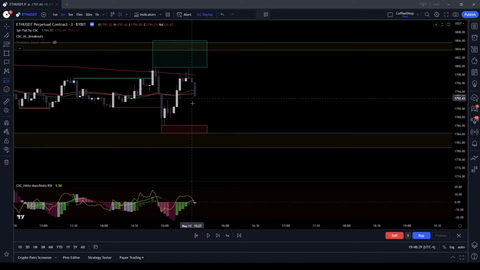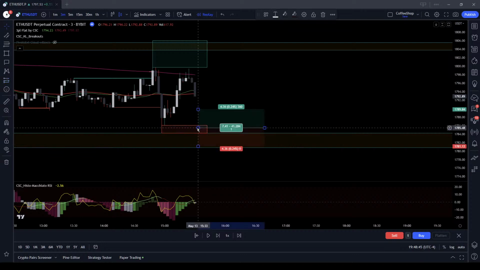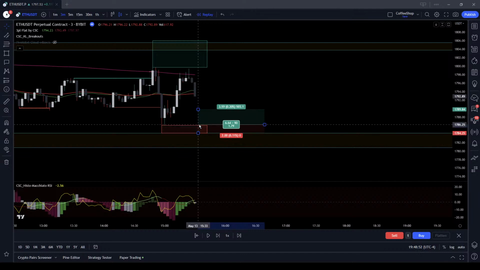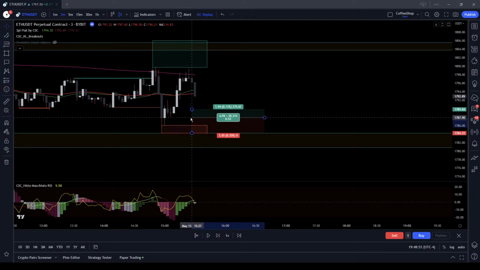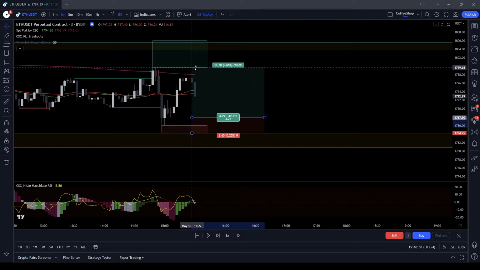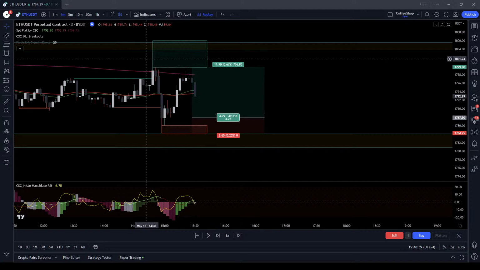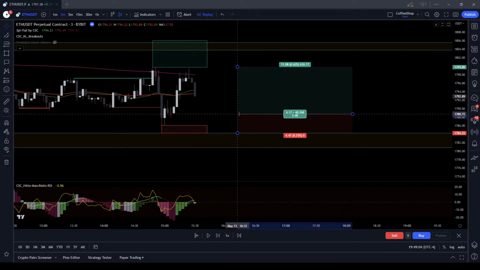There's the swing low. They want to close there, and take another long trade and go back for the previous swing high right here. That's usually what happens in the trades, right?